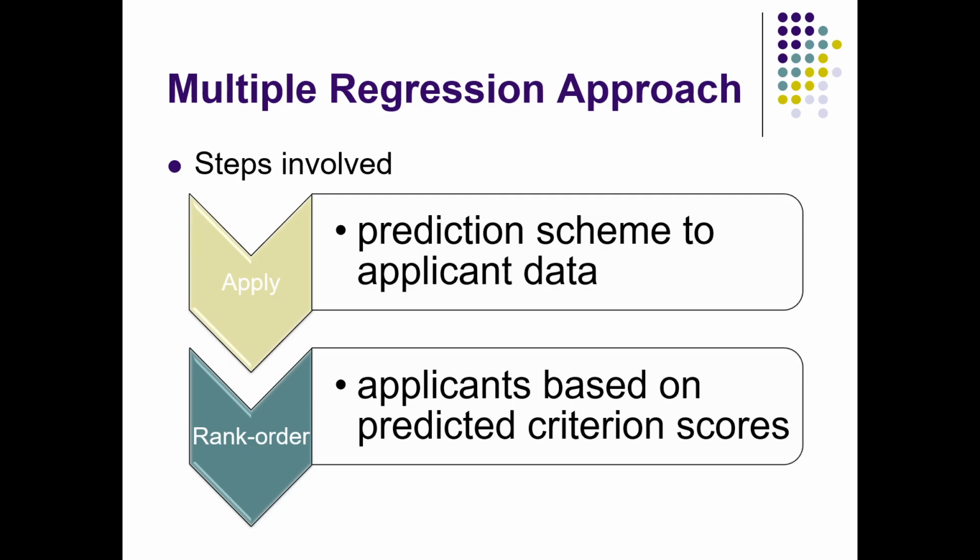If we think that the most important predictor of success as a professor is the job talk, we're going to put that predictor into the multiple regression analysis first and let it reveal how much of the variance is being accounted for by the job talk. If we think the next most important thing for a professor to do is to publish, we might feed in their publication number as our next predictor of success, and so on.